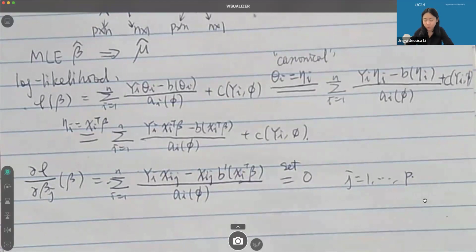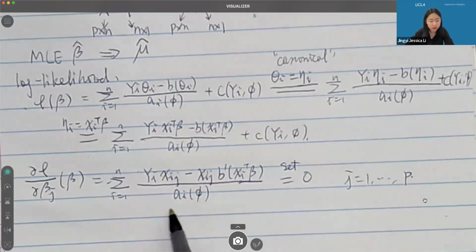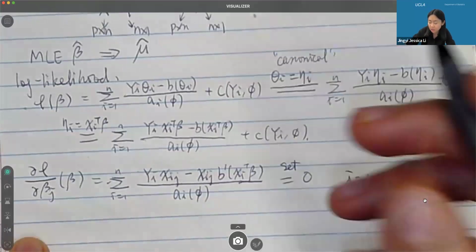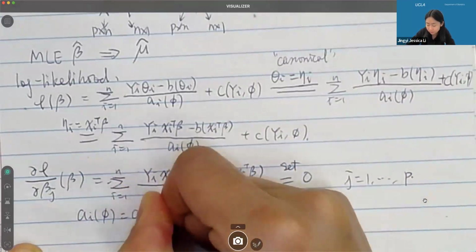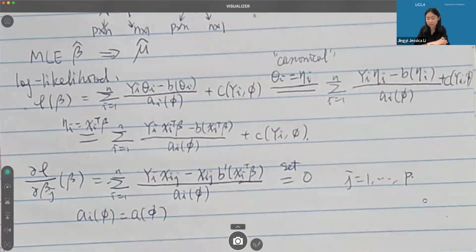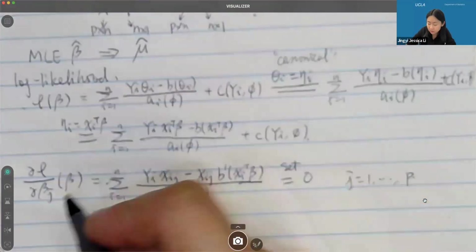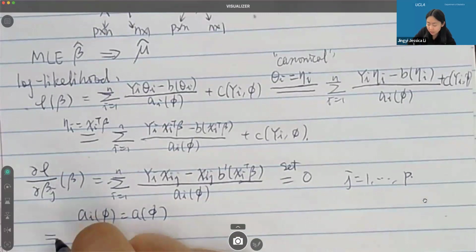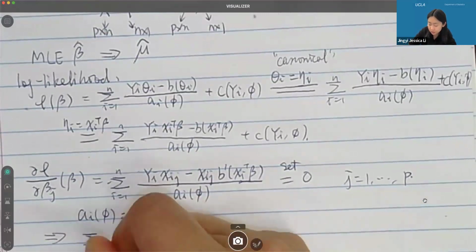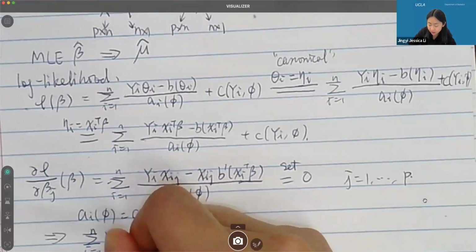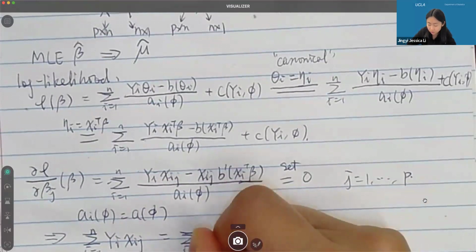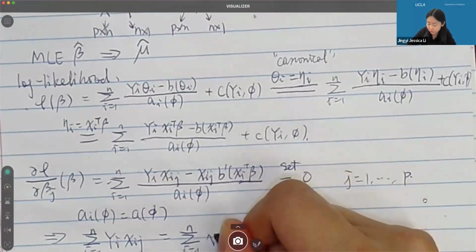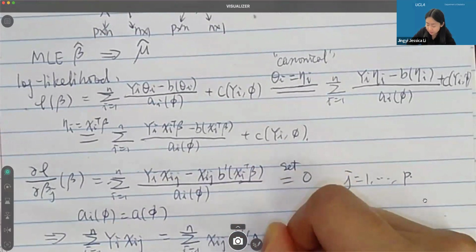I will just make a simple assumption here to keep it going, because otherwise it's a little complicated. Let's just write a i phi as a phi, ignoring the i here. That will make things easier. With this, setting it to 0 gives me the summation from i equals 1 to n of yi xij equals the summation from i equals 1 to n of xij b prime of xi transpose beta.